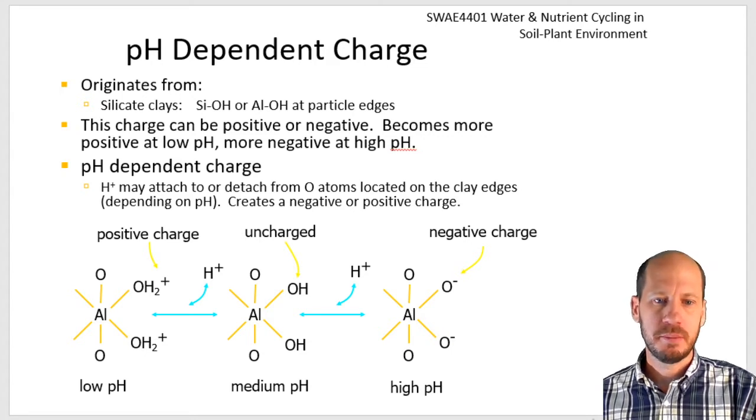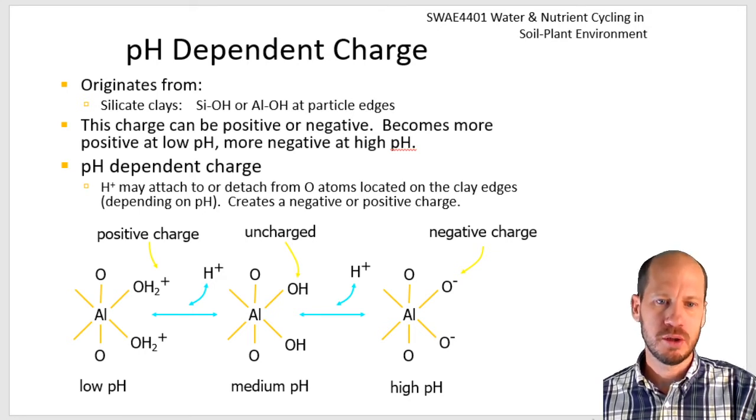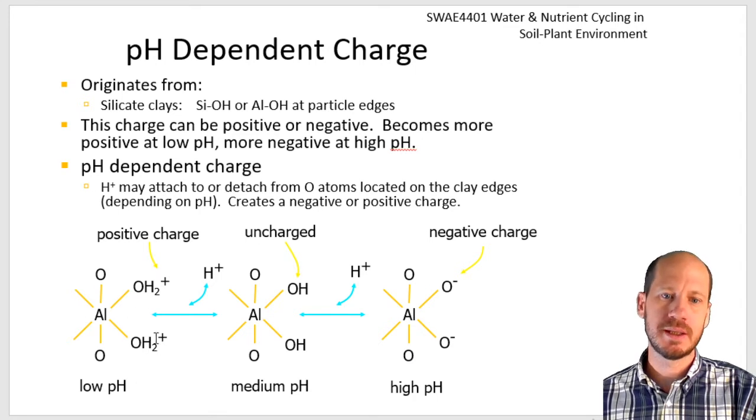How it works for the pH-dependent charge is, when you have low pH, you have a high concentration of protons in the solution. Those protons will stick to the hydroxyl, and by protonating the structure, you create a positive charge.